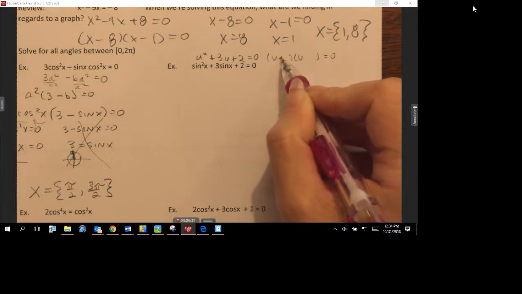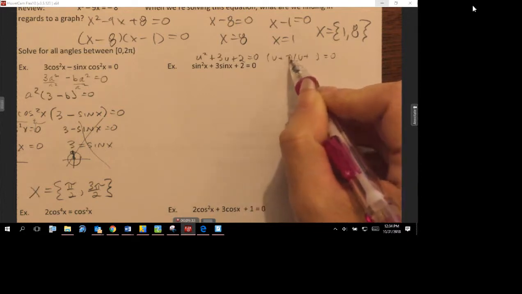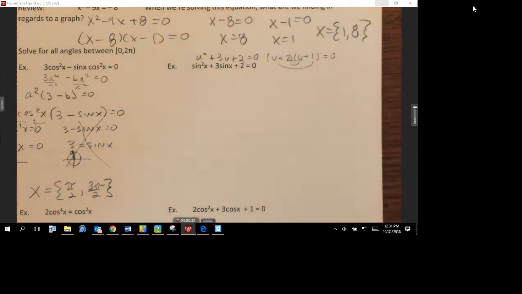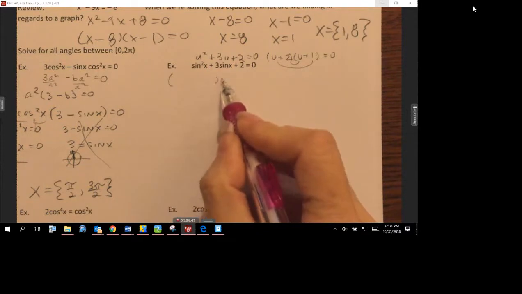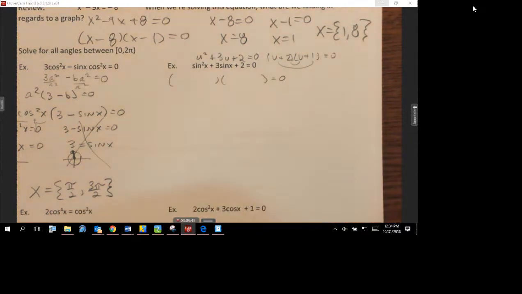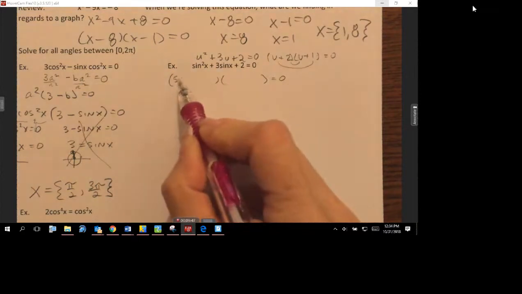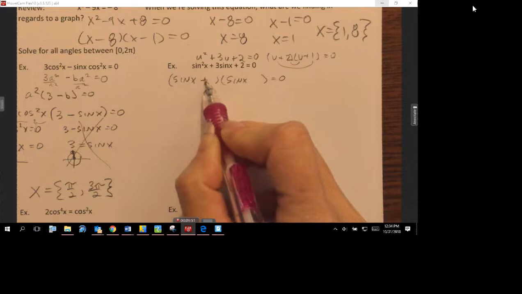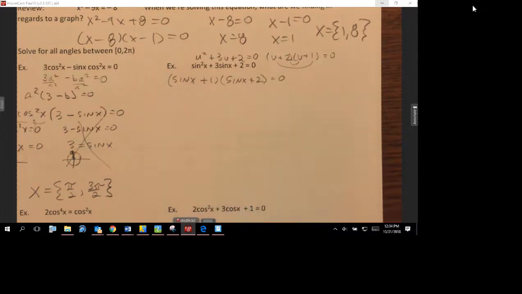U and u, they're both plus, and then 2 and 1. We check it. Yep, that equals 3u in the middle. But it's not u. What is it? Somebody say it. Sine x, and then plus 1 and plus 2.